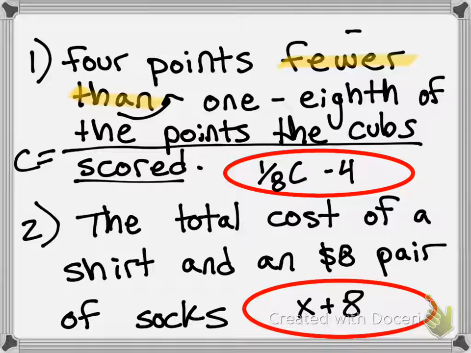No. You don't have x. There's no equal sign. There's no number given that I can plug in. I can't solve these until I'm given an equals, like 14, or until I say C equals 16. Stuff like that. That's the only way that we can solve those problems.